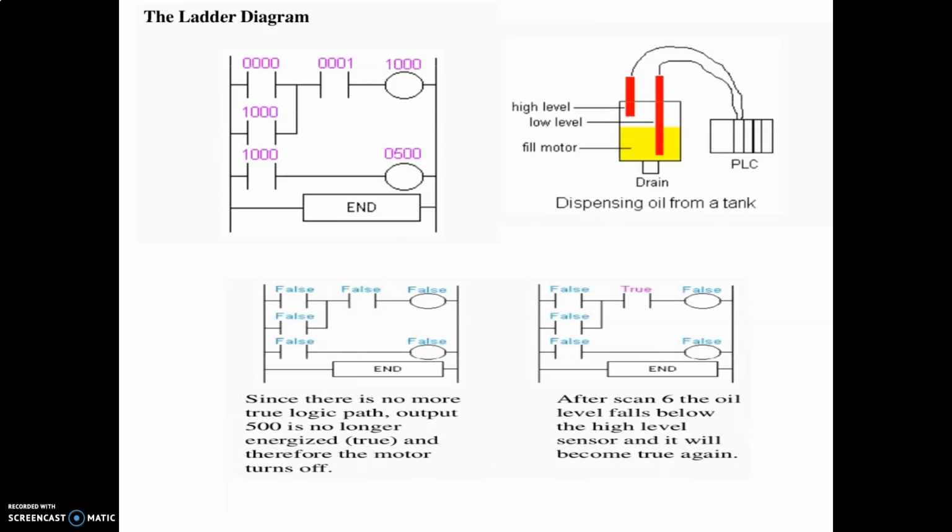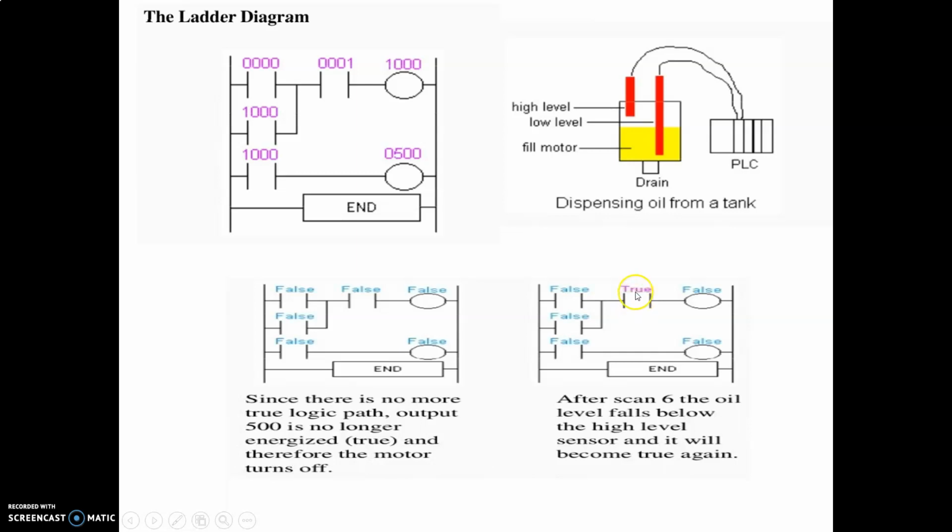Now what happens after that? After that, when the motor stops and the liquid is getting drained out, the level of the liquid will drop down below here. When it drops down below, our high level sensor will get activated, so this will become true here.